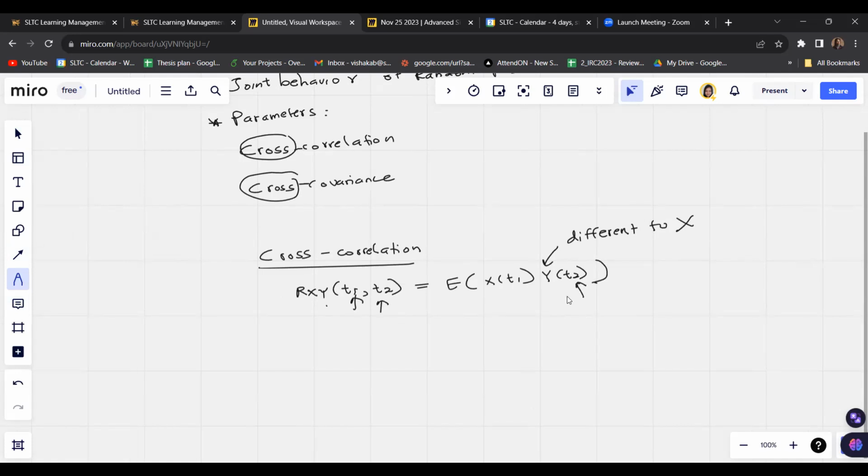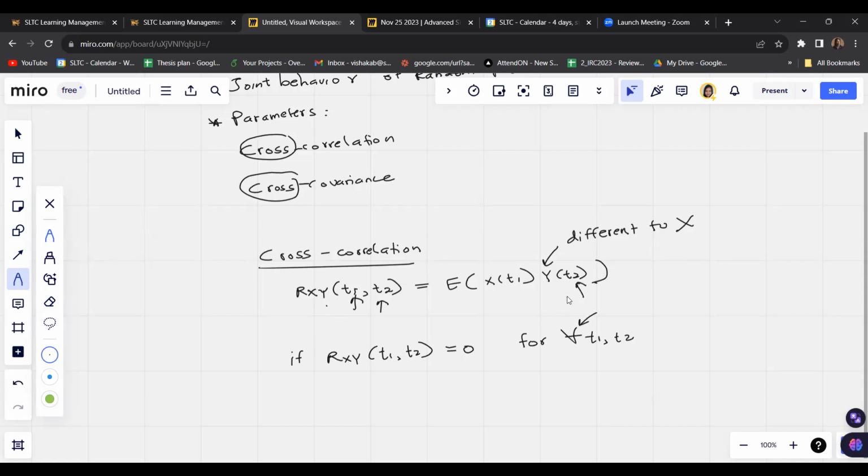And the cross covariance function. Apart from that, one thing to note is that if, for example, the correlation function Rxy is 0 for all T1 and T2 time instances, right?